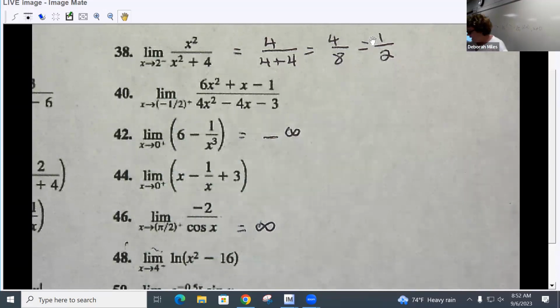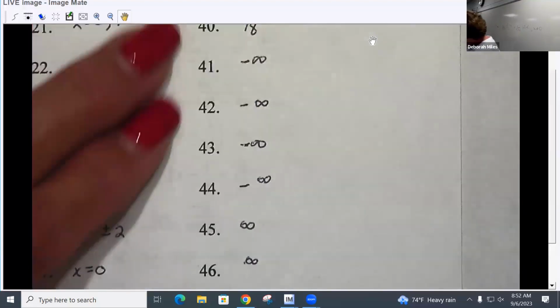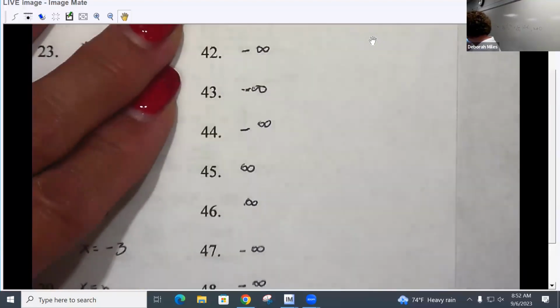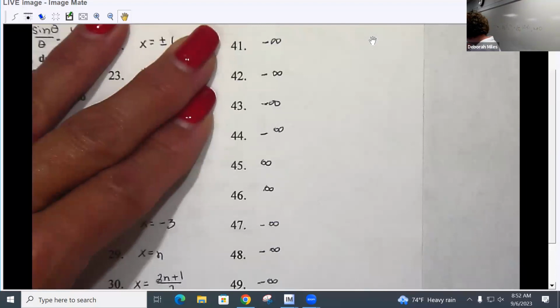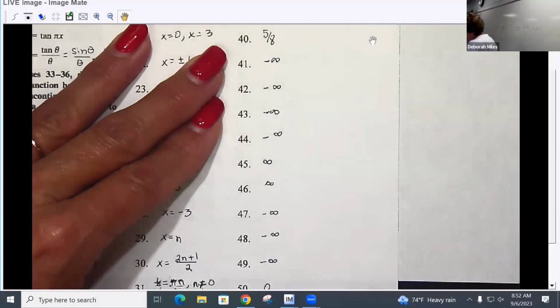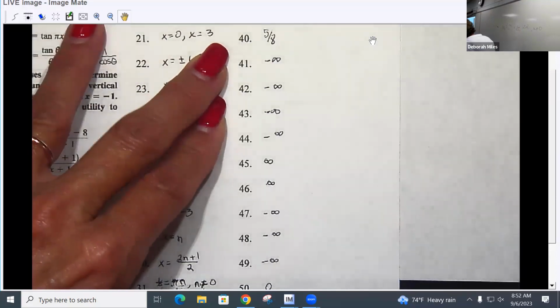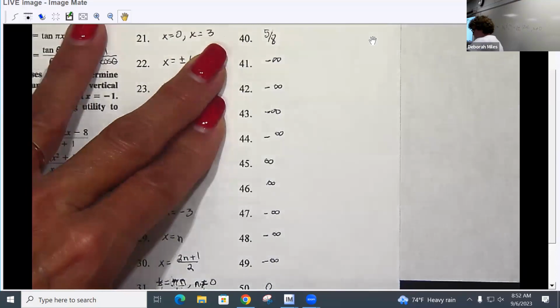And this is where the Miles law of calculus comes from. 41 to 54, I wrote down the answers. They're all either positive infinity, negative infinity, or 0. 41 through 54.